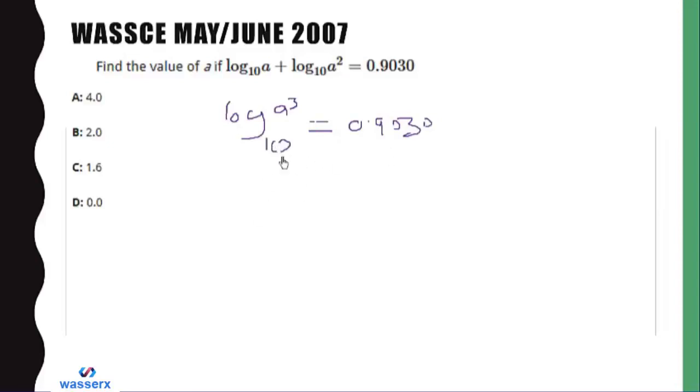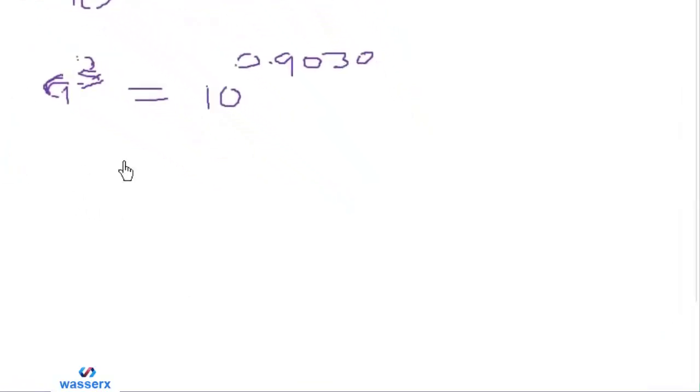Now we take the antilog of this. We are going to get a cubed is equal to 10 to the power 0.9030. Now this will give us 7.998.